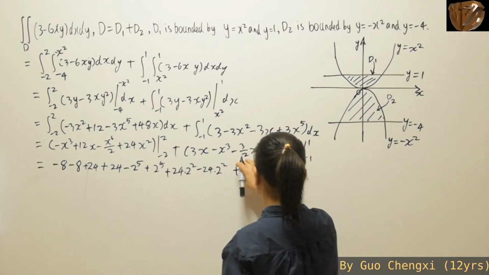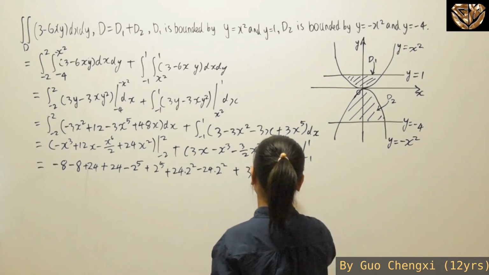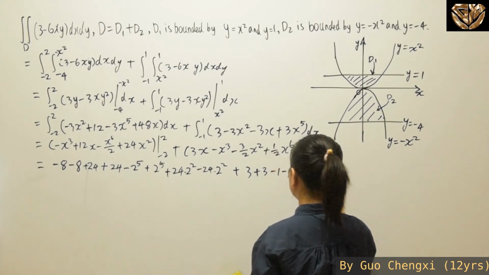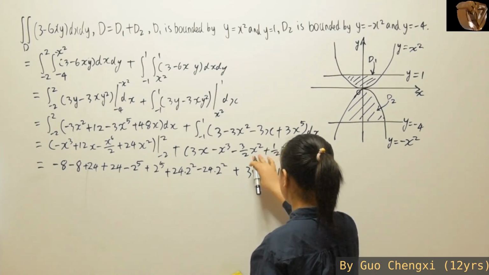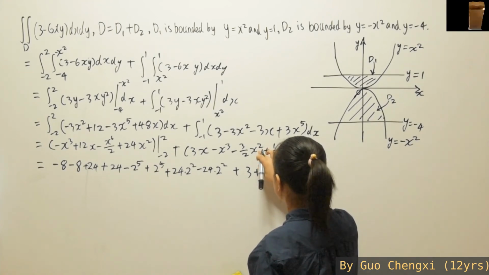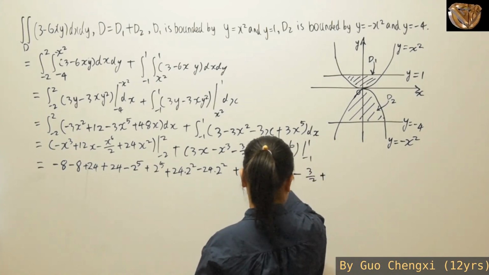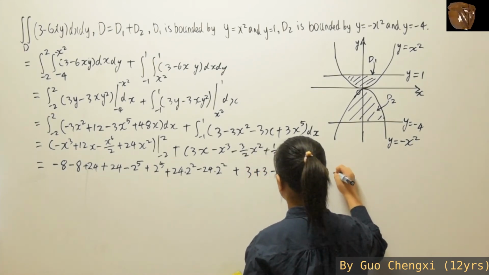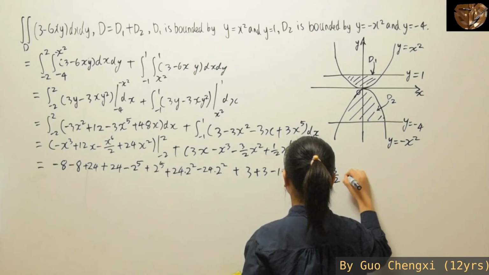Then this part, when you substitute inside, you're going to end up with minus 3 over 2. And when you substitute this inside, the negative from the boundary will cause it to be positive. And since this is a square, the negative 1 will not affect it and it will stay as positive 3 over 2.